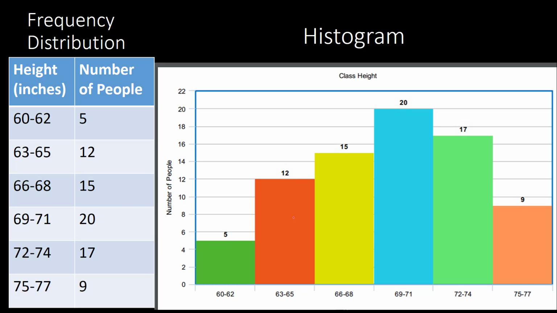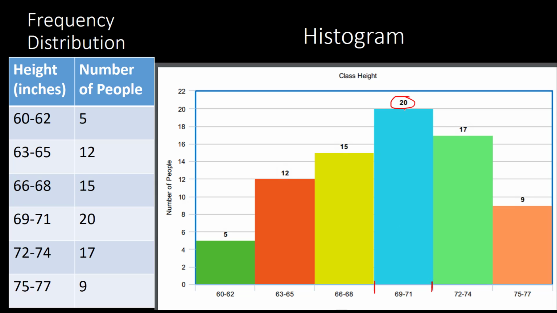And with the bar graph, make sure you know how to answer different questions concerning the bar graph. For example, I might ask, how many people have a height of 69 inches or taller? Well, based on the histogram, we can see that 69 to 71 inches would be this range right here.